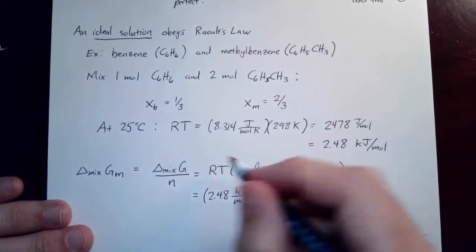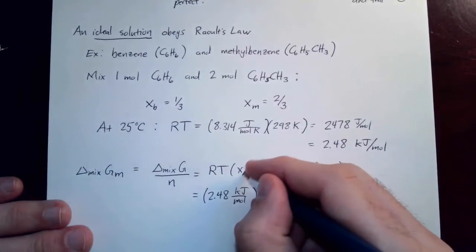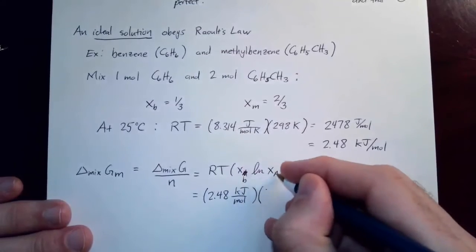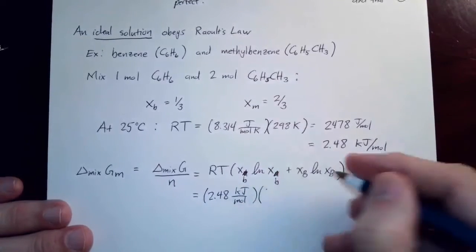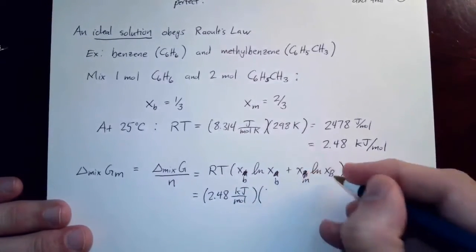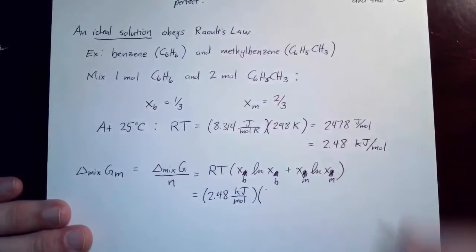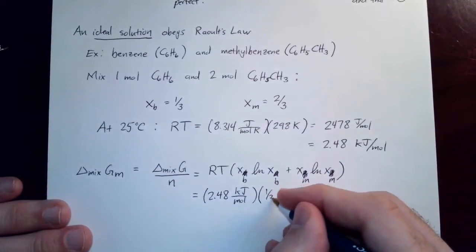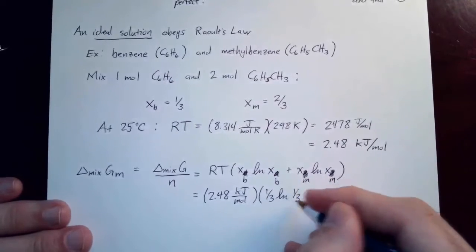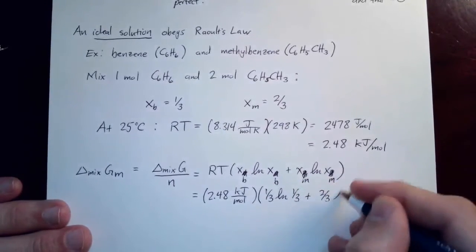Oh, I called them A and B. Up here I called them B and M. I should fix that. So this is for benzene, and this is for methylbenzene. Okay, so 1/3 ln 1/3 plus 2/3 ln 2/3.